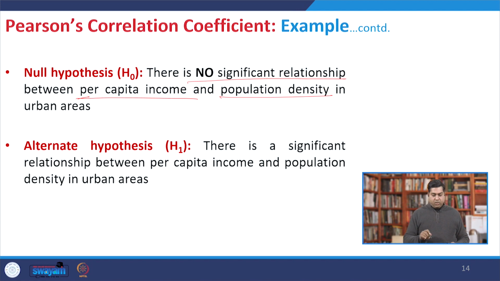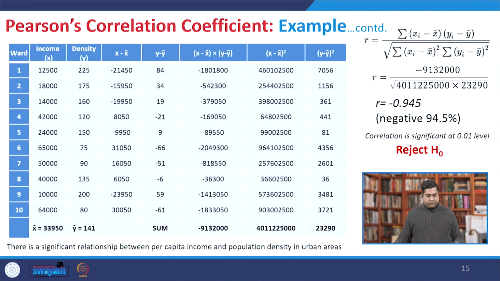And then the alternative hypothesis: yes, there is a significant relationship between per capita income and population density. So, in the first case, there is no significance, so even if you have higher income, the density will not change. In the alternative case, yes, there is some sort of relationship.